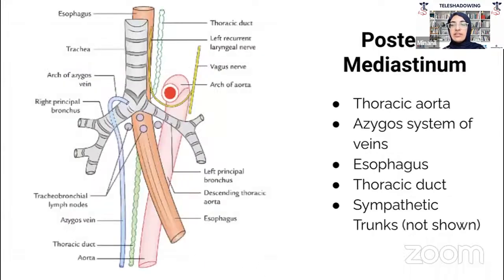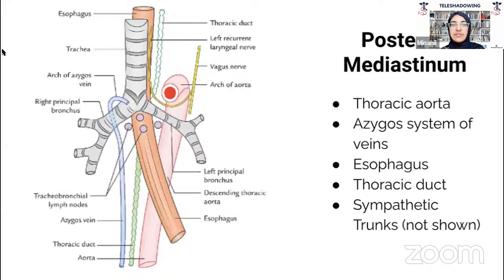Now let's discuss briefly the posterior mediastinum. Basically, the posterior mediastinum is everything that's posterior to the heart and anterior to the vertebral bodies. Vertebral bodies meaning basically the backbone, right? Those are like the C1, T1 vertebrae, right behind all of this.